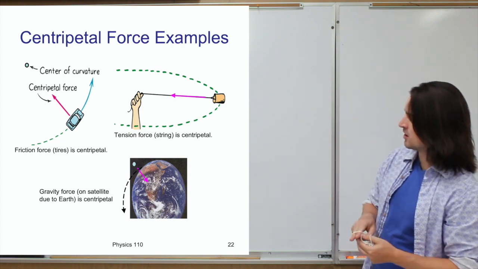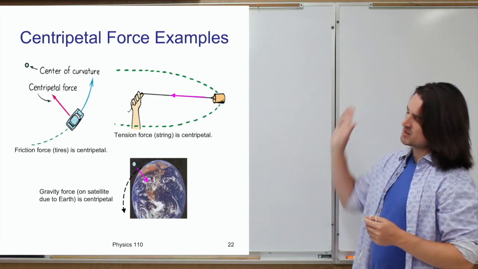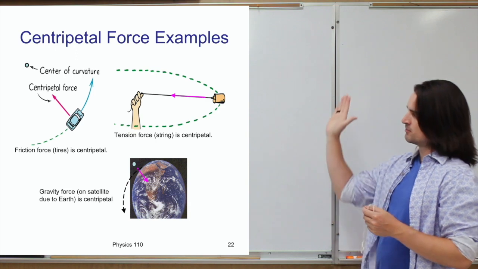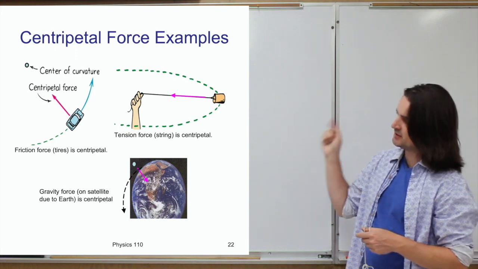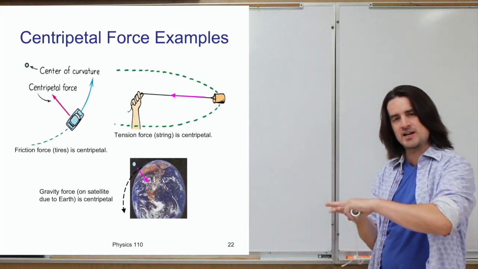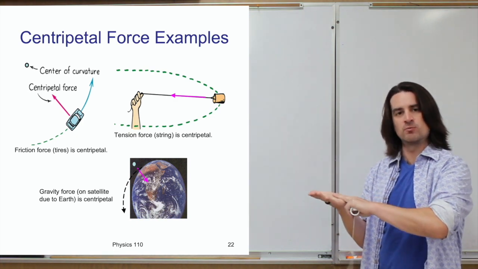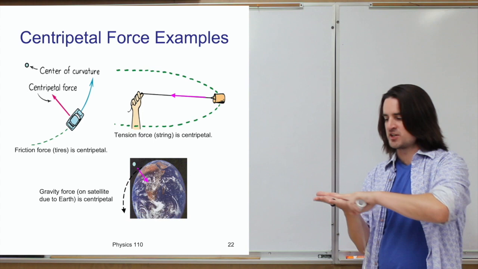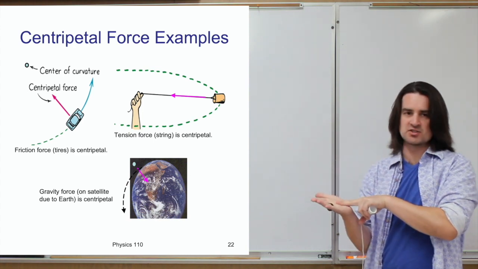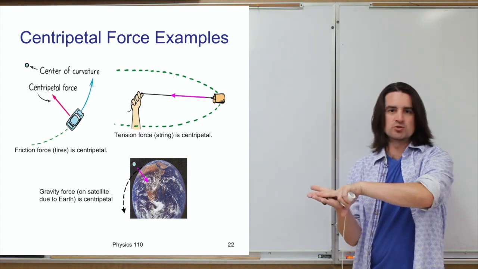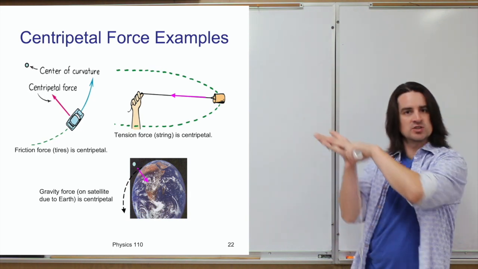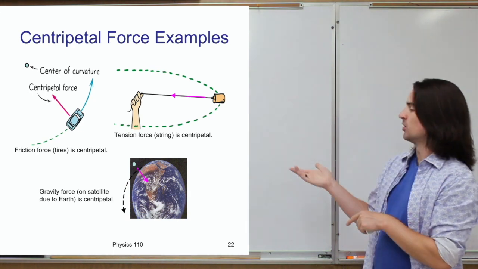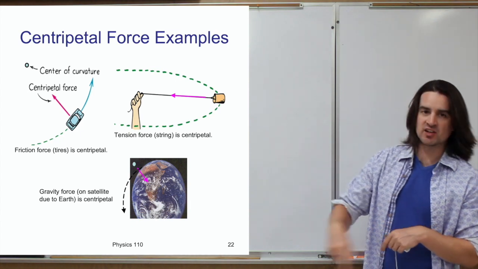In the case of your car, your car is making a turn, it's going around some part of a larger circle, and it's actually the friction between the tires and the road, and the friction is acting as a centripetal force. It's pushing towards the center of that circle that the car is turning around, and that's what's causing this car to turn. Well, another example is a satellite, right?